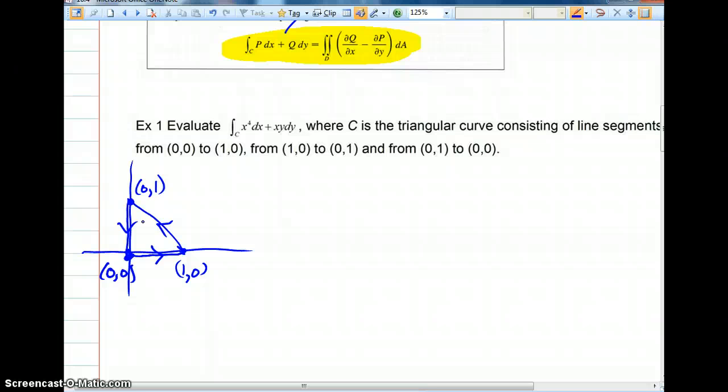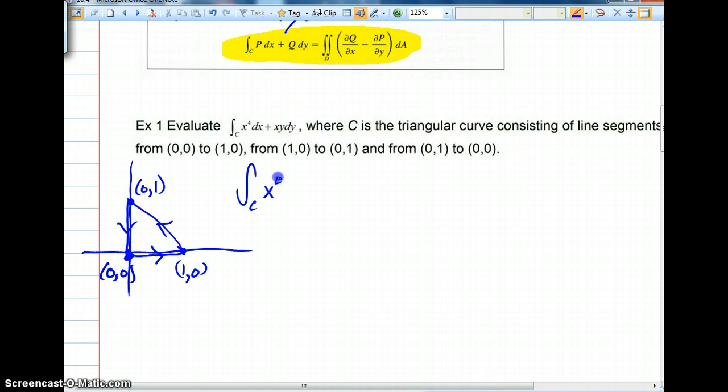We'd do those 3 separate pieces and then add them all together. Again, not super difficult, but look at what the alternative is. The alternative, guys, is an amazing one. We'd say, well, we've got positive orientation, so let's use Green's theorem.